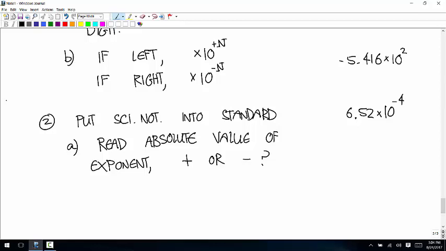Okay, so the absolute value of the exponent, let's call that absolute value n. So what's n in this case? What's the absolute value of that exponent? 4, and it's negative.